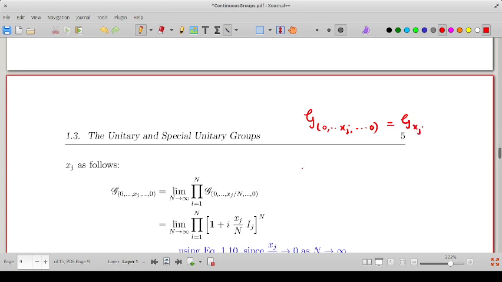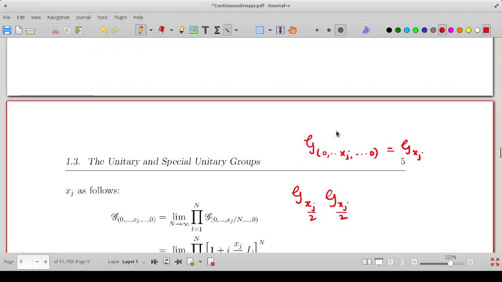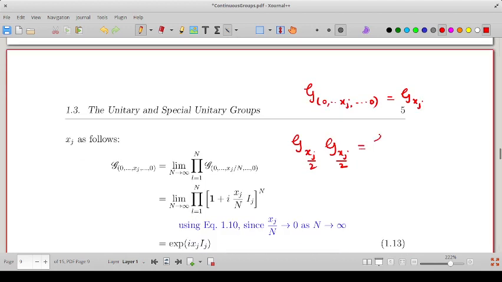Now I may write this as G(x_j by 2) into G(x_j by 2). But because of this property that the parameters add up, this should be equal to G(x_j by 2 plus x_j by 2), that is G(x_j). But now if I write x_j by 3 and two more x_j by 3, this should again be equal to G(x_j).